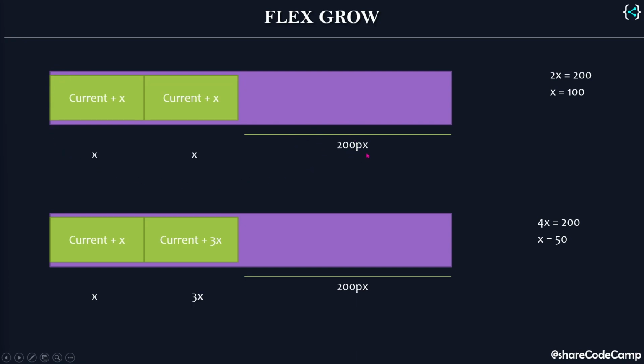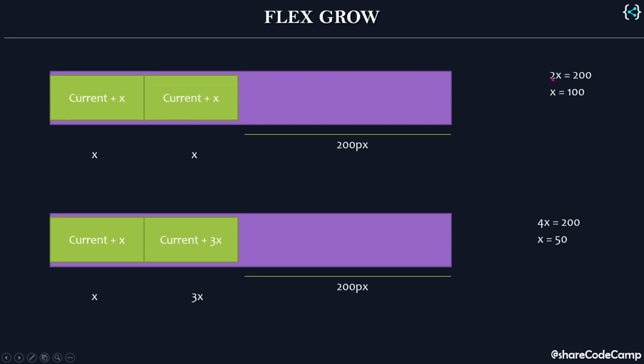Imagine that our free space in the container is 200 pixels, and these are our 2 items. When I apply flex-grow to these 2 items, imagine that it's going to use X, and this one will also use the X ratio, the X value of this one.